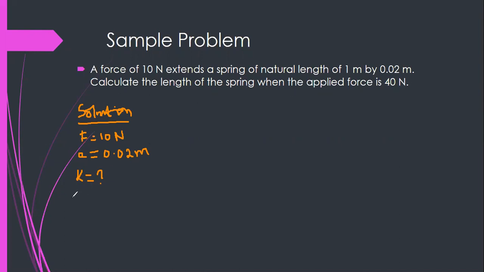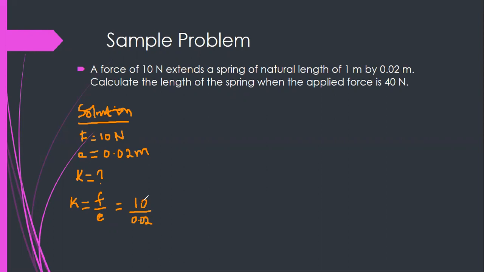So firstly, spring constant is given as force over the extension E, which means we are going to have 10 Newton divided by 0.02. When we divide 10 by 0.02, what do we have?